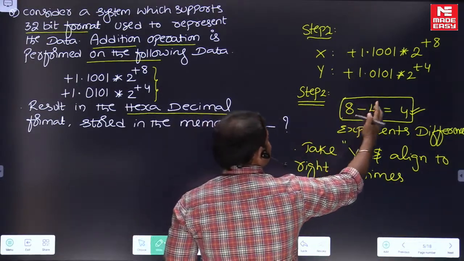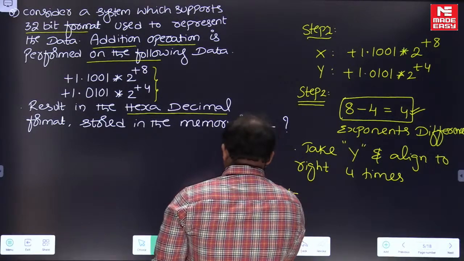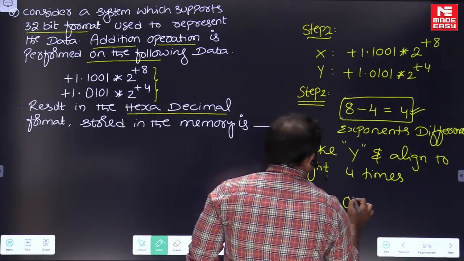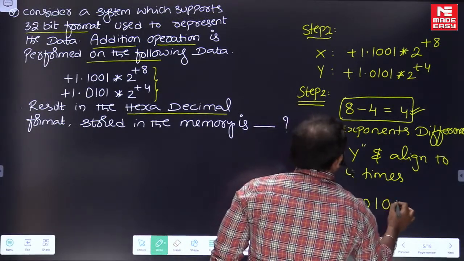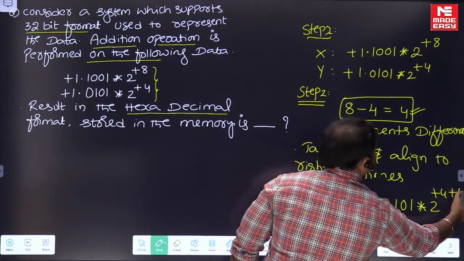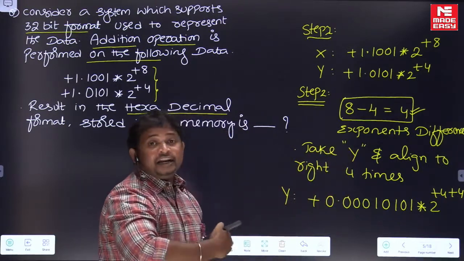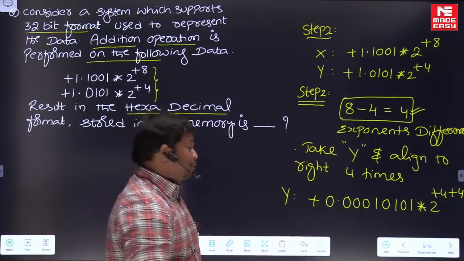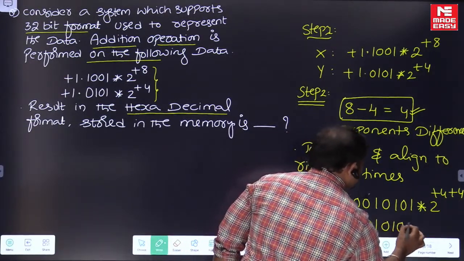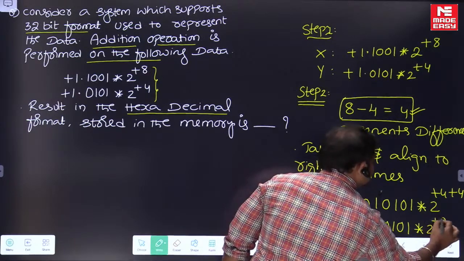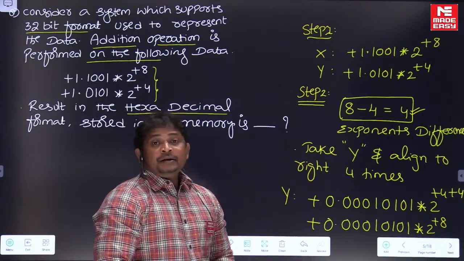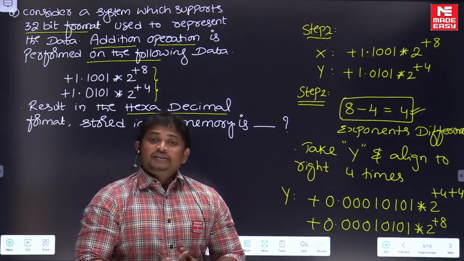When it is aligned to right direction, what is the y value now? y is equal to plus 0.00010101 into 2 to the power of plus 4. Exponent is incremented by 4 because of right alignment 4 times. Now data is plus 0.00010101 into 2 to the power of plus 8. So after second step, we equalize the exponents.